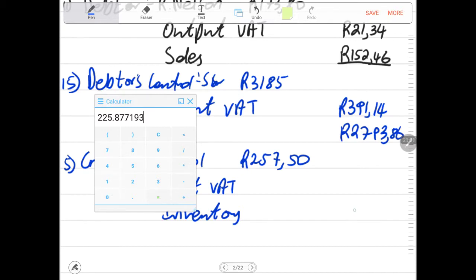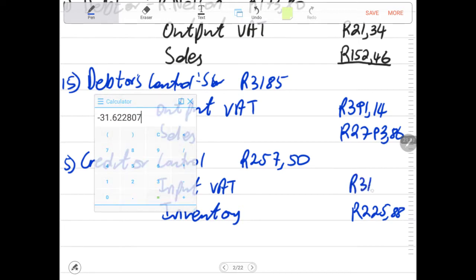This will give us the cost of the inventory before VAT is taken into account, 225.88. Then we say minus 257.50. This gives us 31 rand 63 cents. This is the amount of the input VAT that must be given back to SARS.